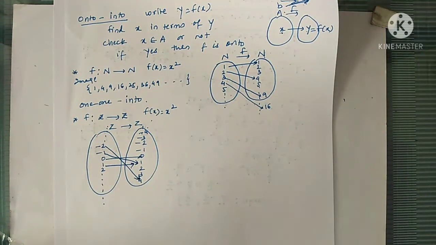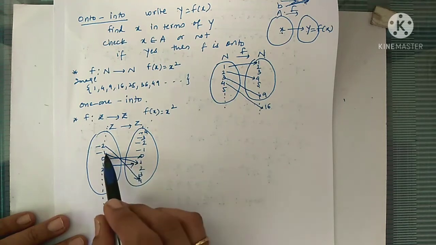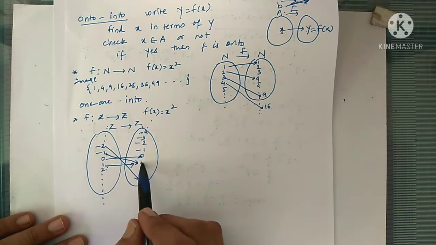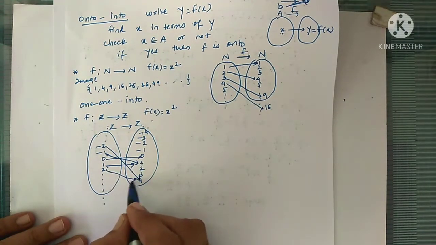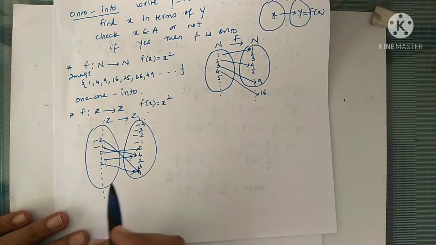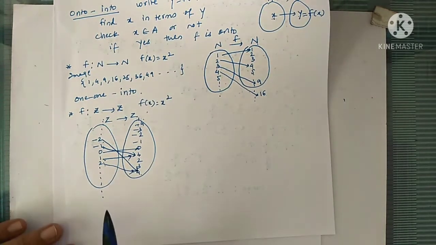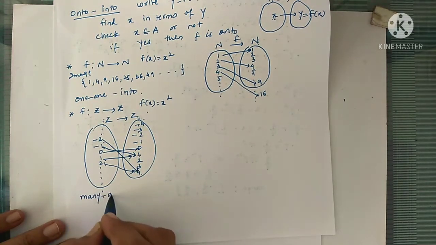And it is clear now that it is a many-one function. See, -1 and 1 have the same image. -1 square is 1 and 1 square is also 1. So it is many to one. Similarly, 2 square is 4, so -2 and 2 have the same image. -3 and 3 also have the same image, 9. So the function is a many-one function.